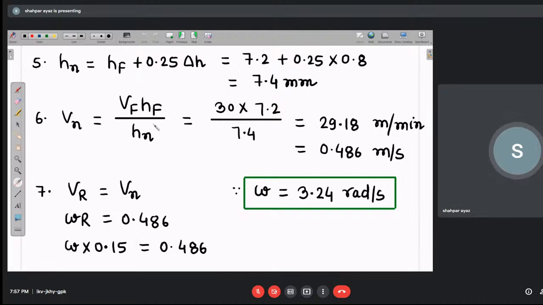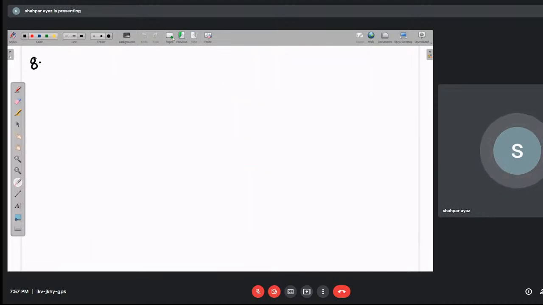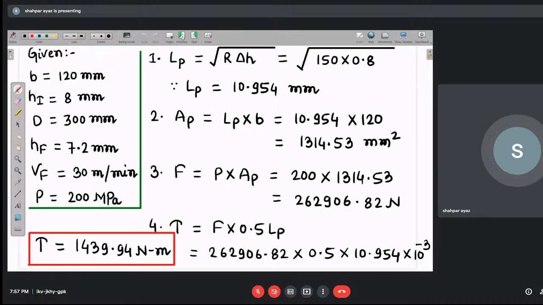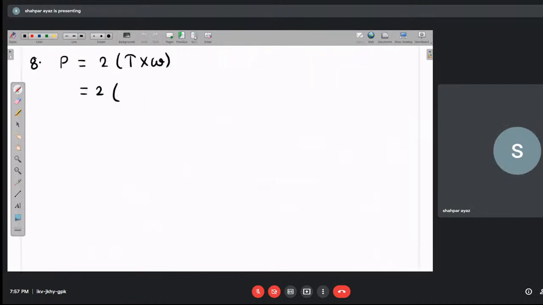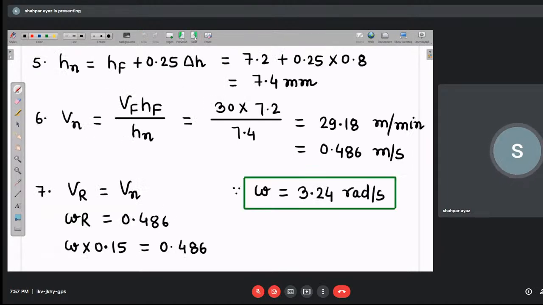Sometimes you guys ask very silly doubts. Now the eighth step is that power is equal to 2 into torque into omega. Torque we have, omega is 3.24.